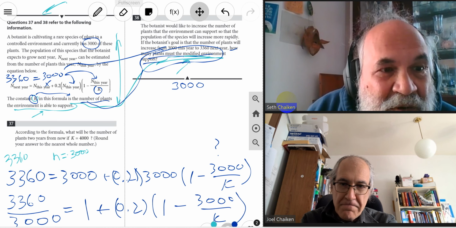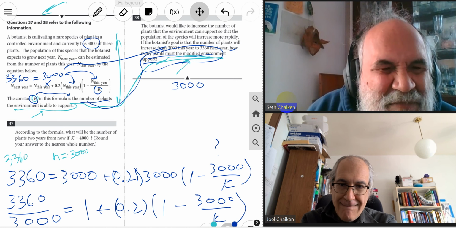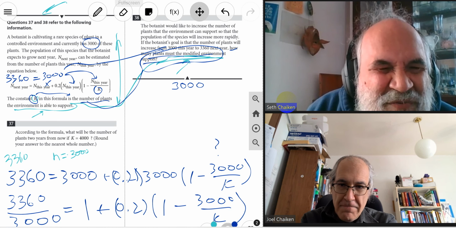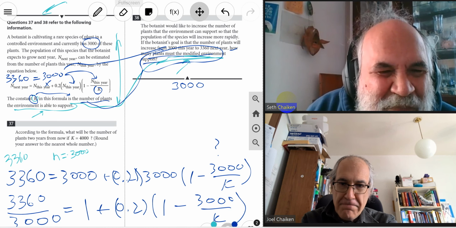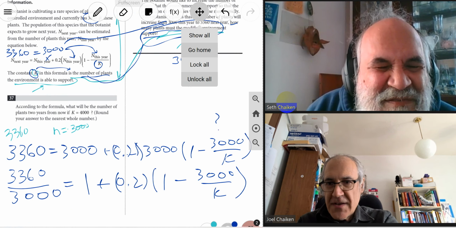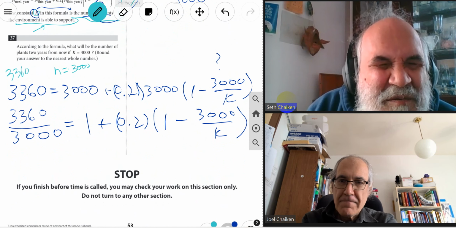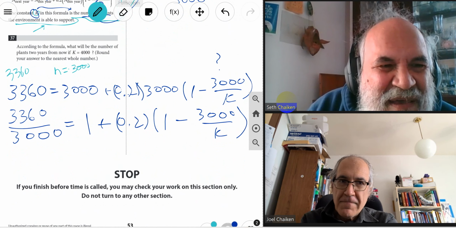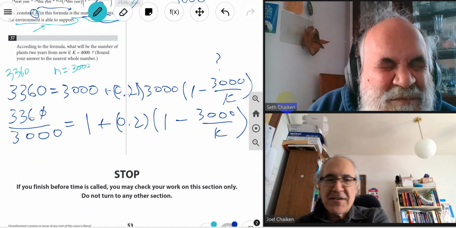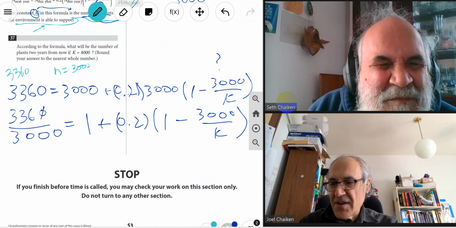Right. And then subtract 1 from both sides. If you want, use the calculator to simplify this. Or else simplify it by hand. Okay, Seth, use the calculator.